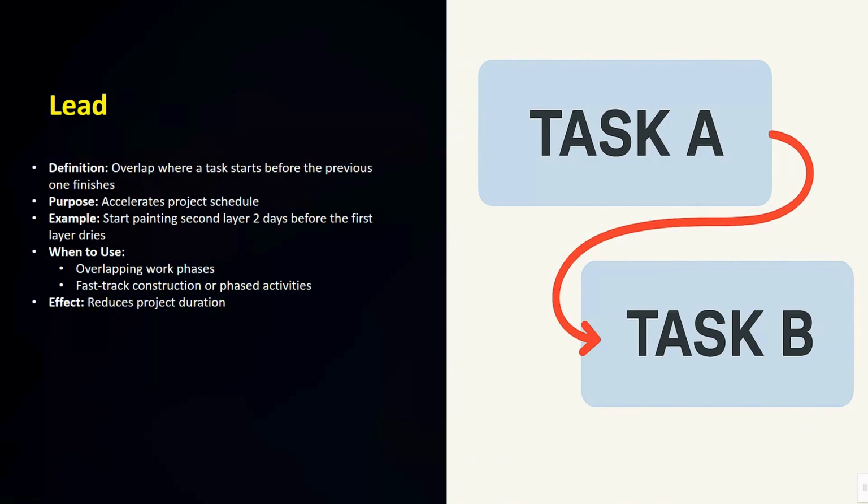Leads are typically used in fast track projects, phased construction, or overlapping work stages where time saving is critical. The direct effect of lead is that it reduces the project duration, since it pulls the subsequent task earlier in the timeline. Put simply, lead represents an intentional overlap that speeds up the delivery while keeping logical connections intact.